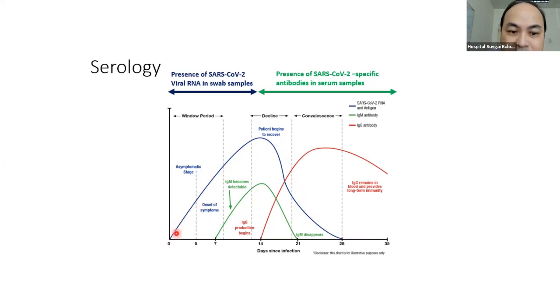But the rapid antigen test tends to pick up only when the viral loads are very high. And antibodies, most times, will only start being positive 2 weeks after getting infected by COVID.